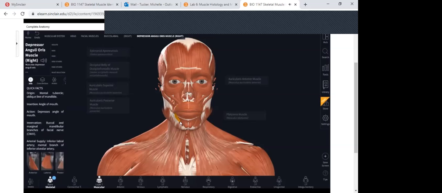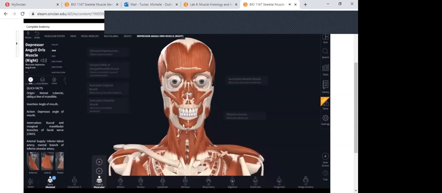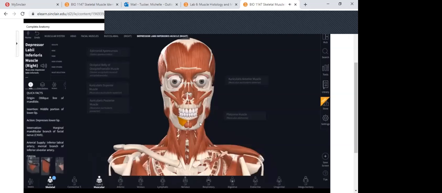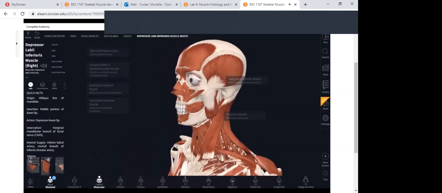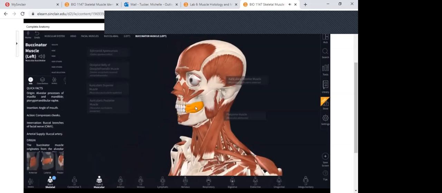When it contracts, it will lower the corners of the mouth. These are depressor labii inferioris, and when they contract, they will lower the lips. This is buccinator. When it contracts, it will compress the cheeks.